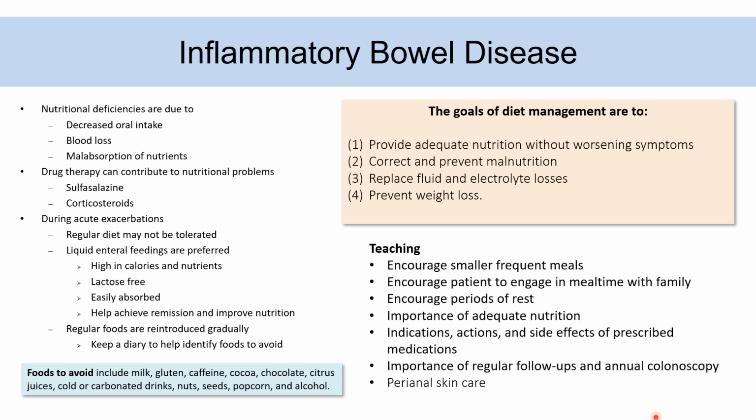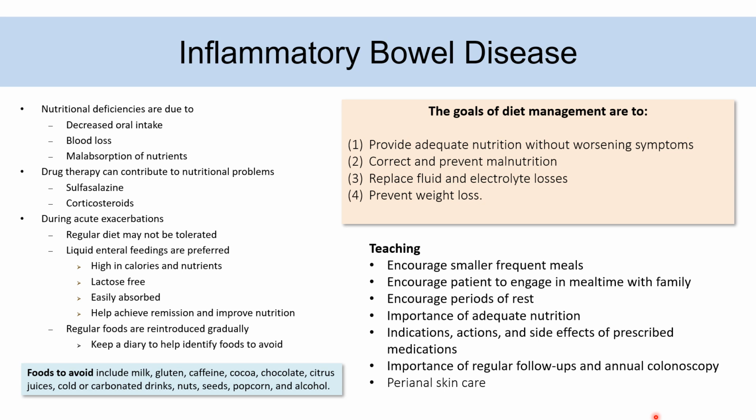So you always want to keep nutrition in mind with IBD. During an acute exacerbation of IBD, they may not tolerate their regular diet, so they may need supplemental liquid feedings that are high in calories and nutrients, and easily absorbed. And then once they can tolerate it, you can introduce their regular foods.